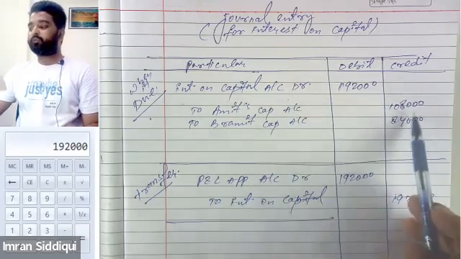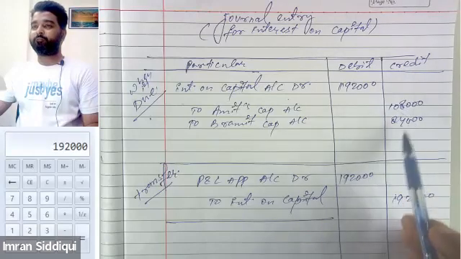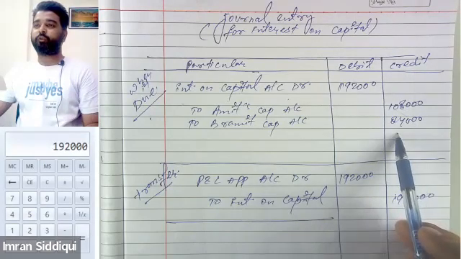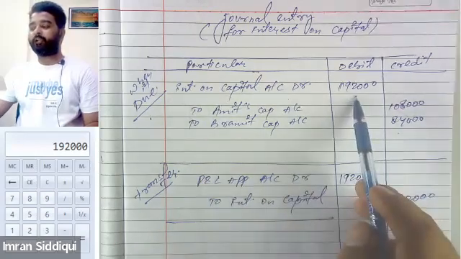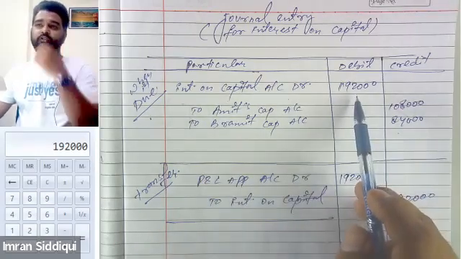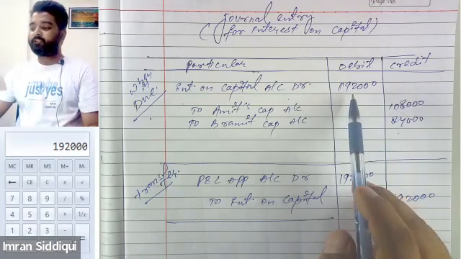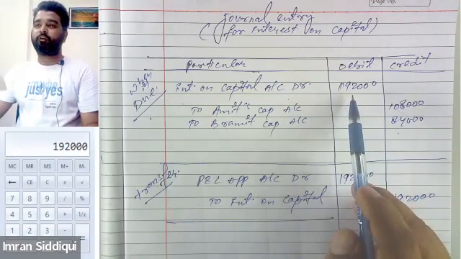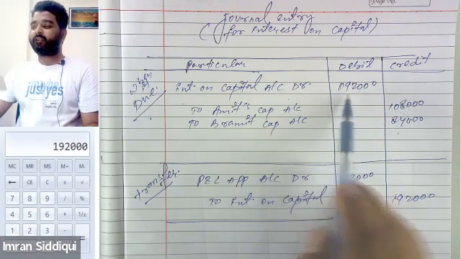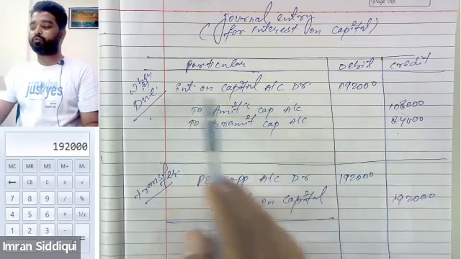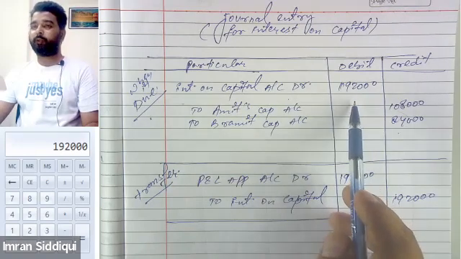Amit's capital account will be credited by 1,08,000. Brahmit's capital account will be credited by 84,000. So this way, interest on capital account will be debited by 1,92,000. Why are we debiting interest on capital? Because interest on capital is an expense from the firm's point of view. Whenever expenses increase, we debit the expenses account.